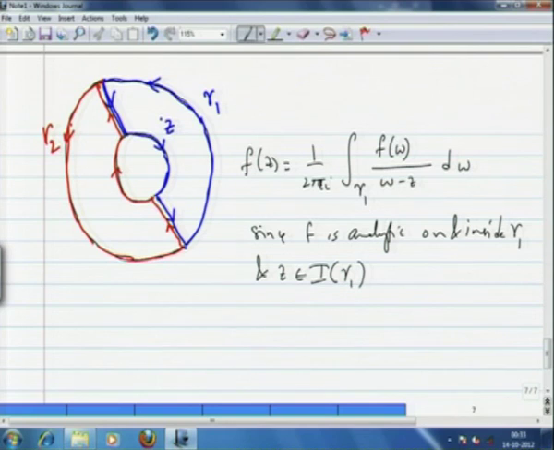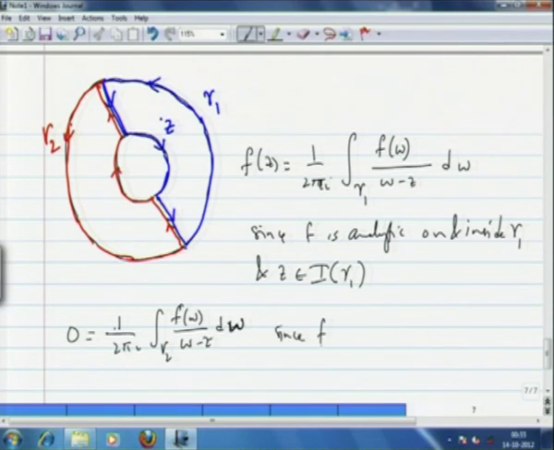And also 1 by 2 pi i times the integral over gamma 2 of f of w by w minus z dw. What is that? That is equal to 0, because z lies in the exterior of this curve gamma 2.